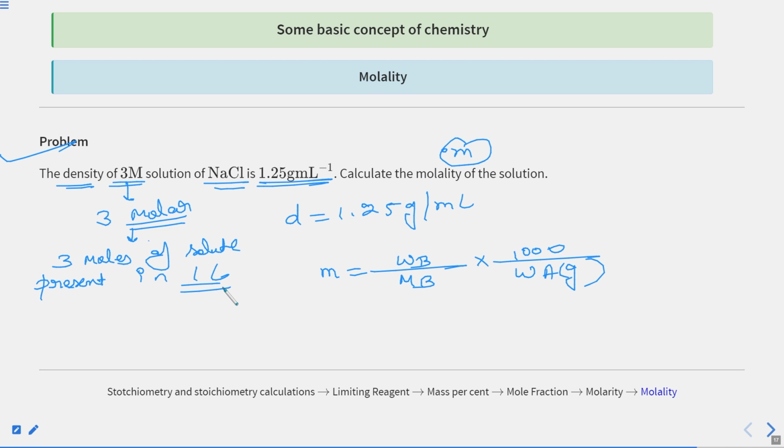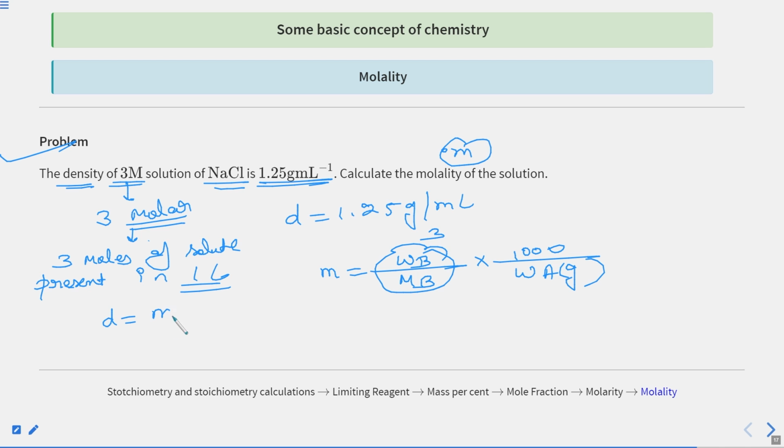In case of molality also, you have to put moles of solute. So you can see 3 moles of solute are present in 1 liter of solution.